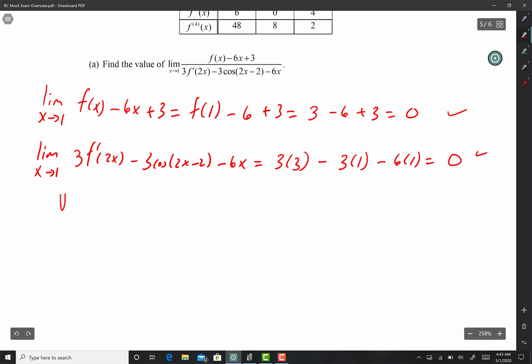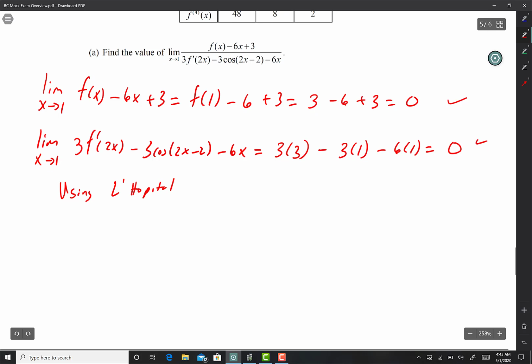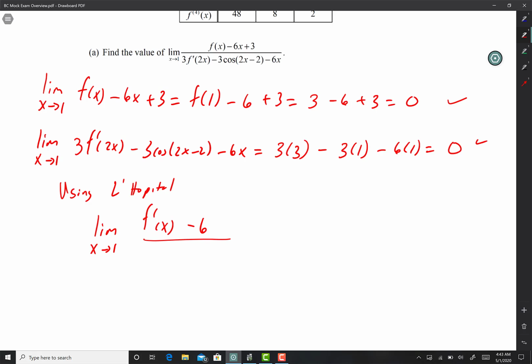So using L'Hopital, here we go. Limit as x approaches 1, so the derivative of the top: f prime of x minus 6 over, and I'm going to take the derivative of the bottom. So the derivative of this right here, guys, is going to be, chain rule, 3f double prime 2x times 2.